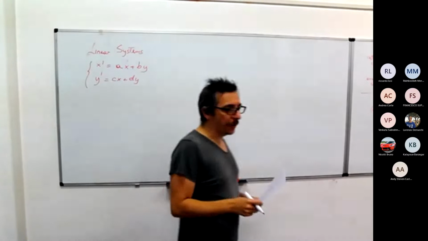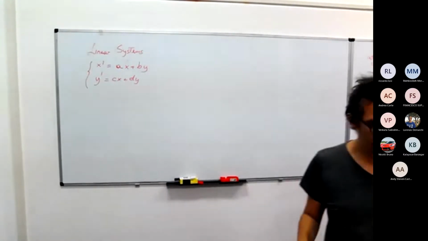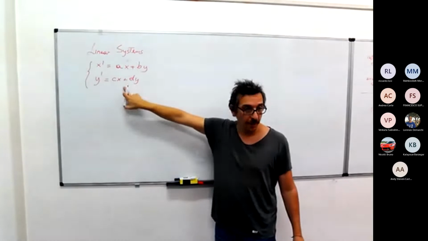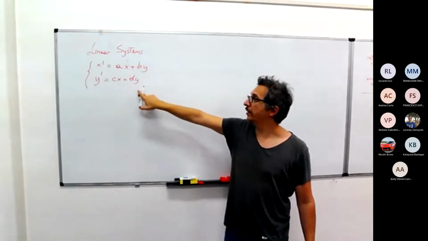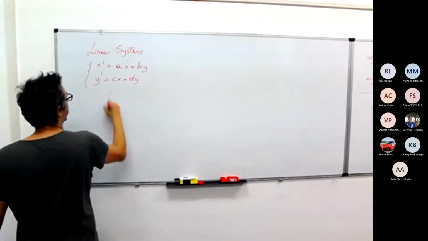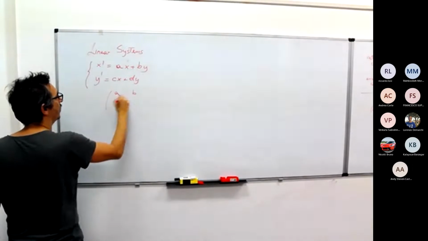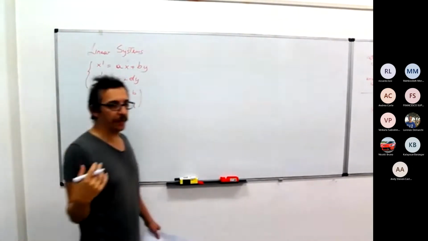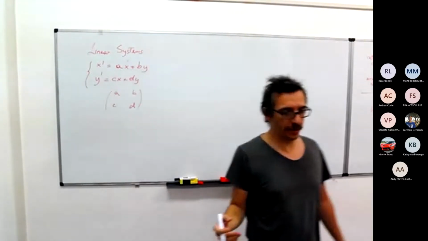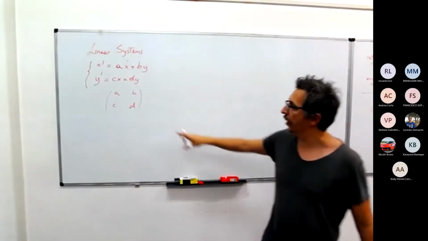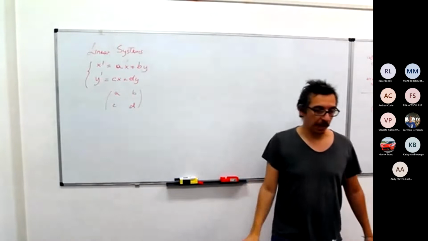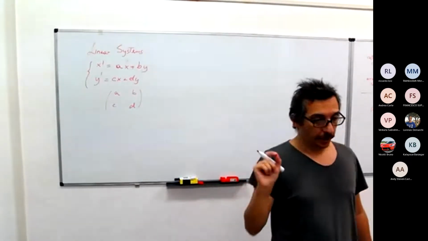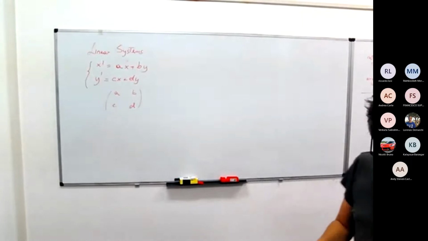We were assuming that the determinant of the matrix of coefficients of the linear system, so the determinant of the matrix which has entries given by a, b, c, and d, must be different from 0. I'm assuming this because this allows me to be sure that at least I have one critical point, which is the origin.